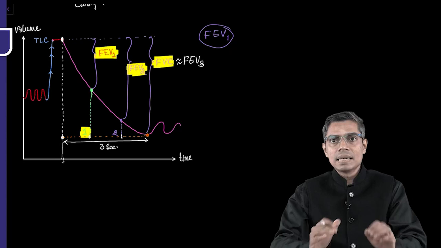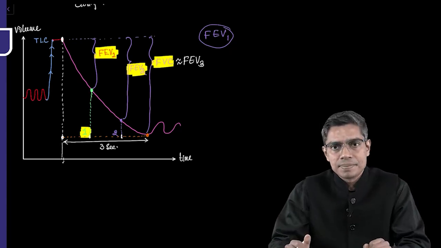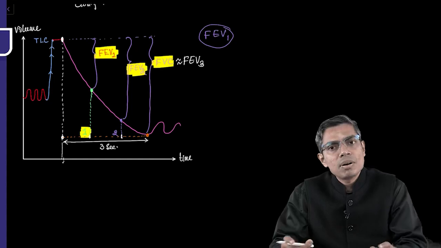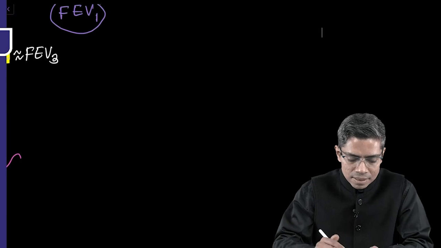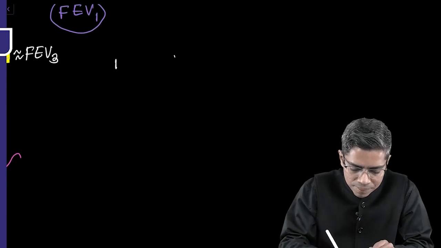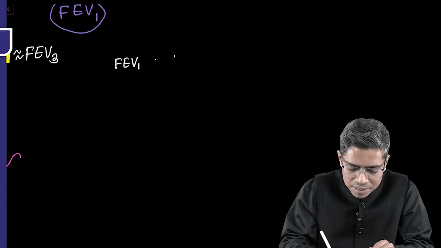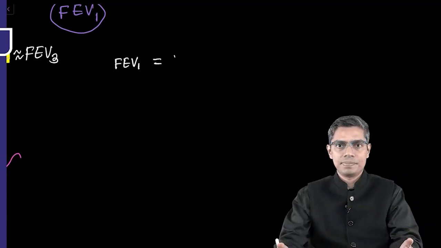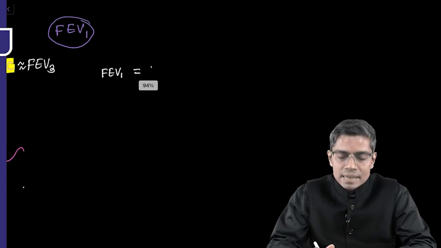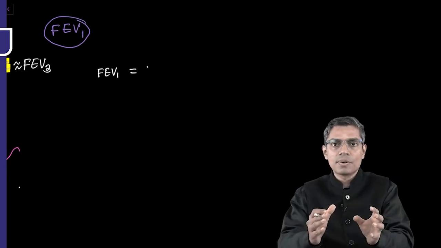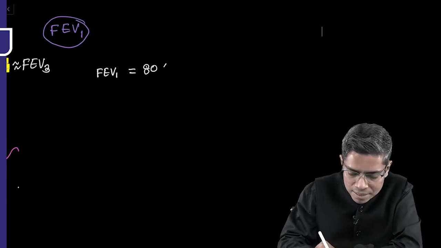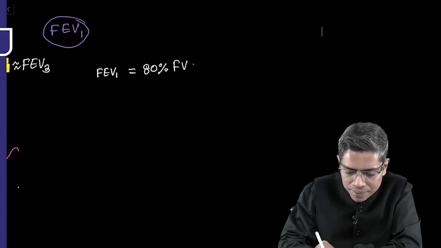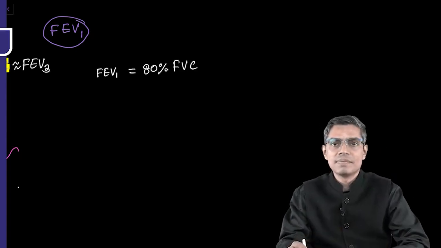Now FEV1, FEV2 and FVC are all separate volumes. If I want to understand how much percentage of the total volume FEV1 is, all of you know that this is 80% of the total volume, that is 80% of the FVC.